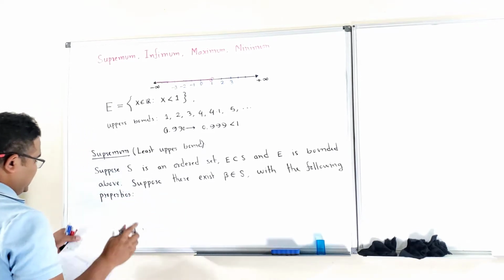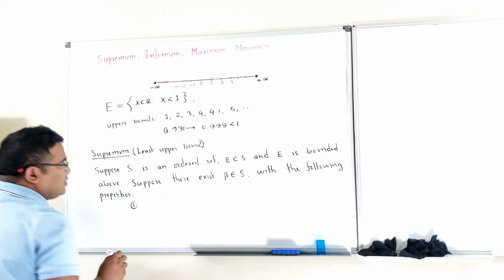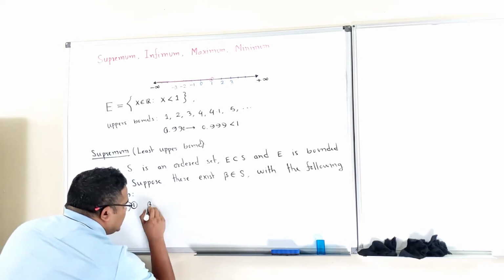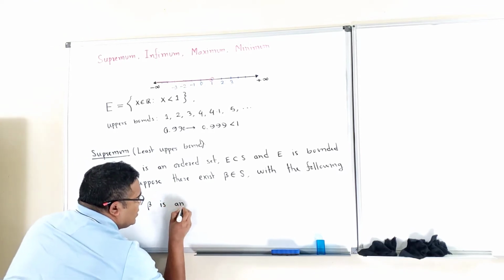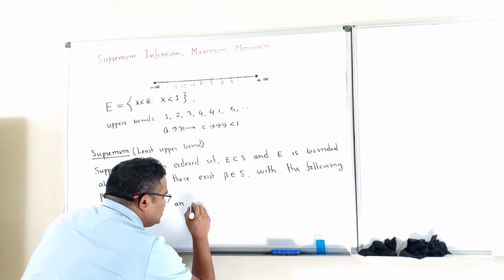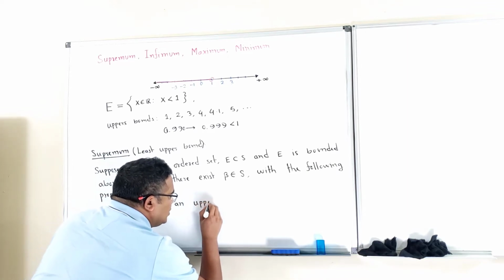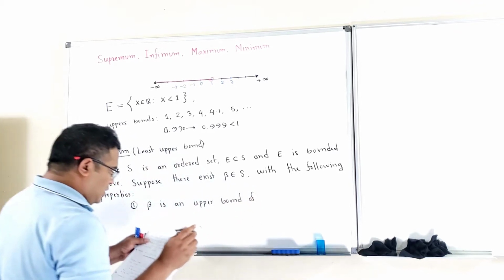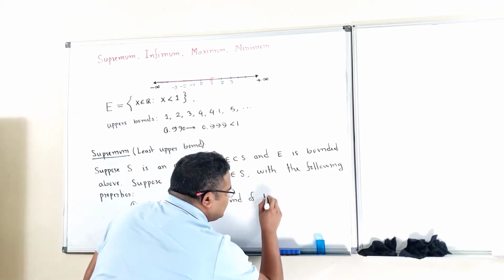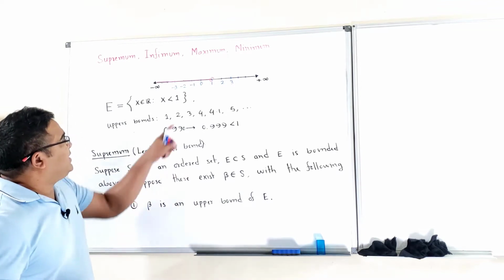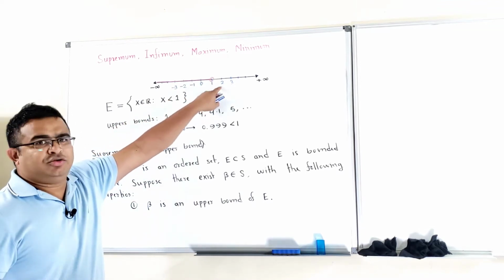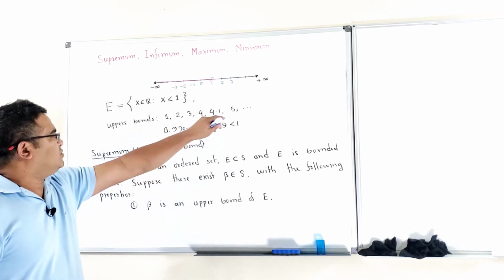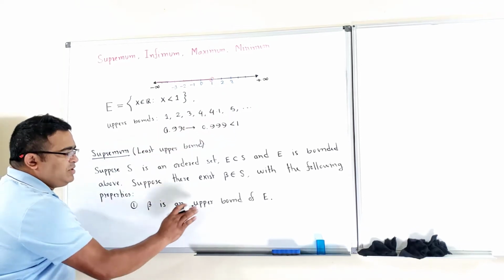The first one is that the number beta should be an upper bound of the set E. Like here we have upper bounds 1, 2, 3, 4, 4.15, those are all upper bounds. So beta should be an upper bound.